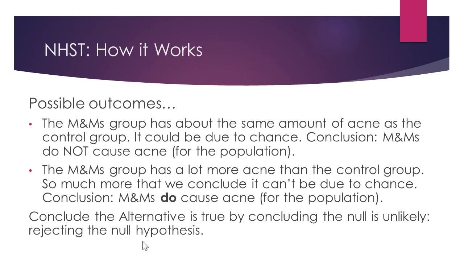It's just highly unlikely. So we call that rejecting the null hypothesis. The way that you accept the alternative hypothesis is by concluding that there's a very small chance that the null hypothesis is true. So that's NHST in a nutshell.